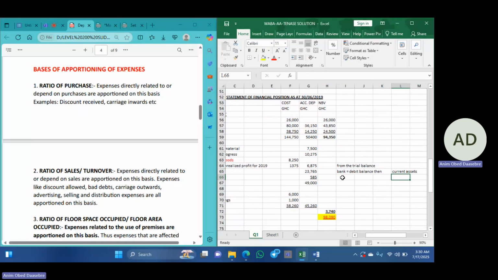But if the bank balance in the trial balance is having a credit balance, then it is bank overdraft.